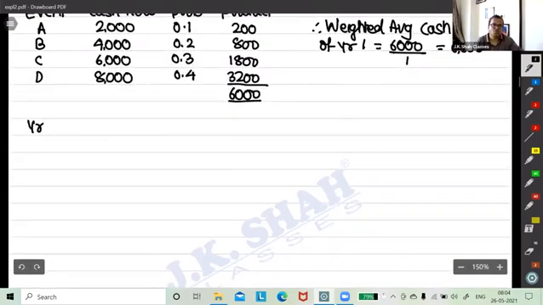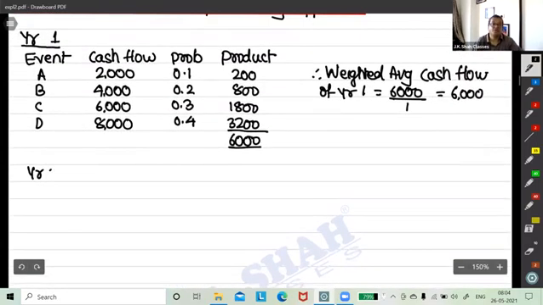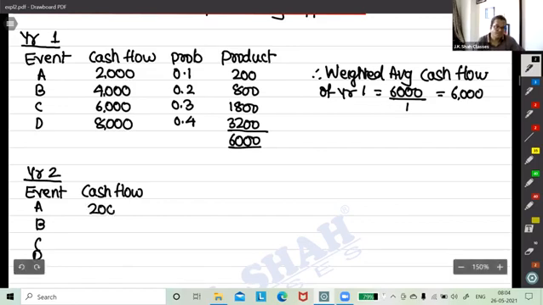For year 2. Right, this is what we did for year 1. Now we'll do it for year 2 again. Event A, B, C, D. Cash flow 2,000, 4,000, 6,000, 8,000.